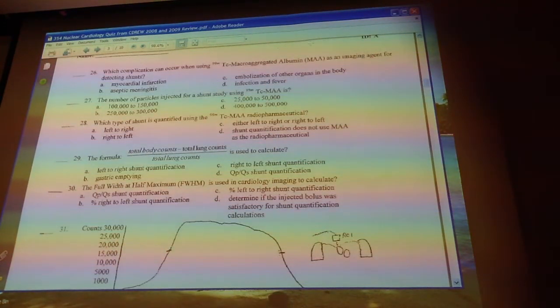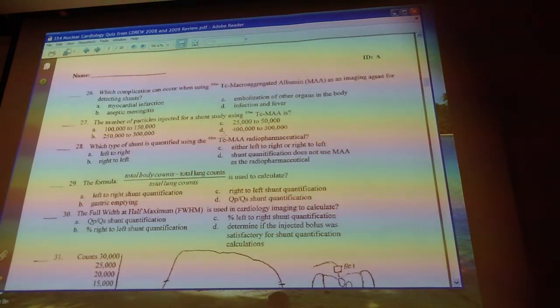Okay, when we're doing right to left shunts, the radiopharmaceutical that's often used is technetium MAA, right? Okay, now that's another thing that you need to be aware of.